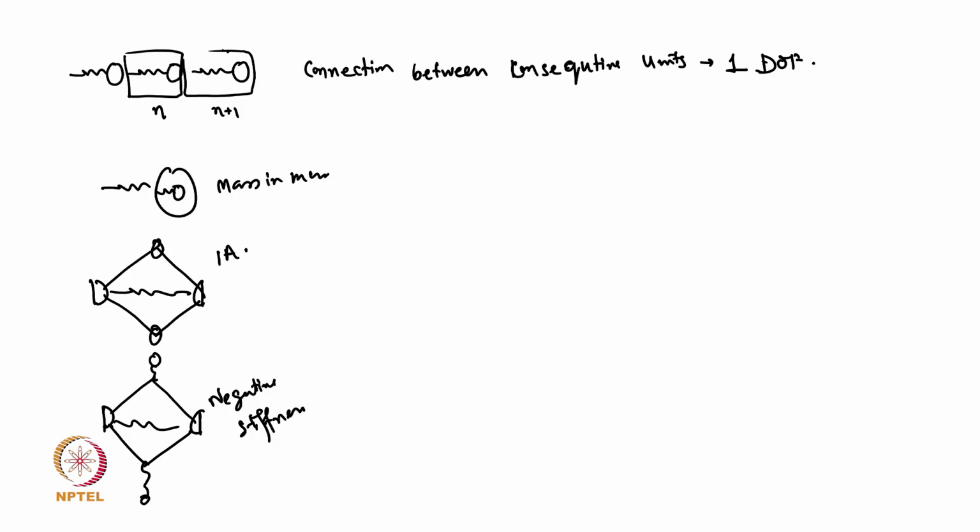Now, once we have these many types of monocouple system, the question comes: can we get a generalized monocouple system? Yes, we can. And how does that generalized monocouple system unit cell look? It looks like this. If you see, this is a basic unit of the IA. Now what people do is add the spring mass, so that becomes your negative stiffness.